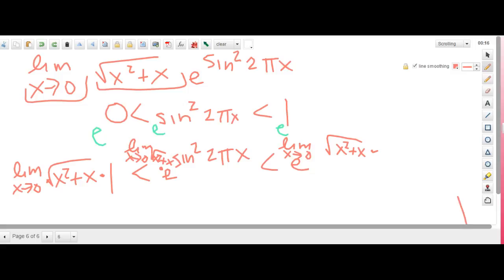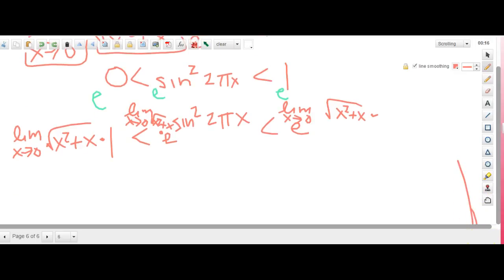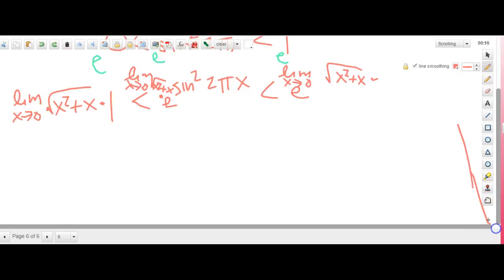And not every single problem is going to be squeezed to 0. It's just one of the easier ones to do a squeeze theorem problem with. So a lot of your answers are going to be squeezed to 0, but be careful because not all of them will.